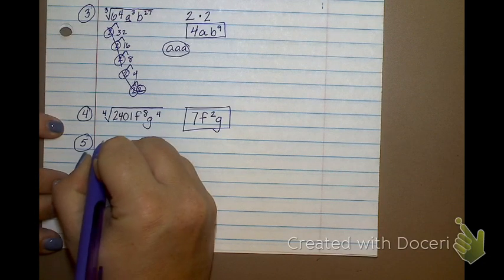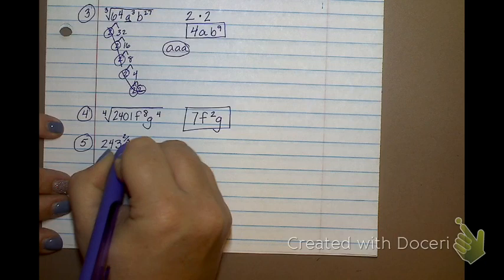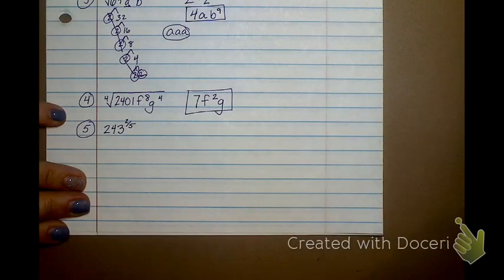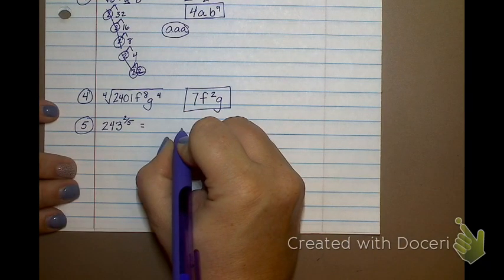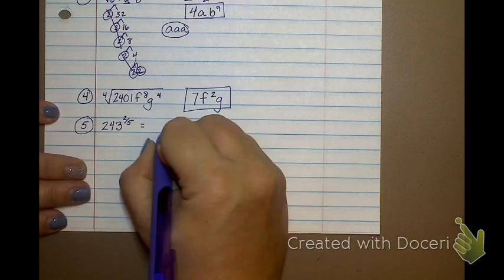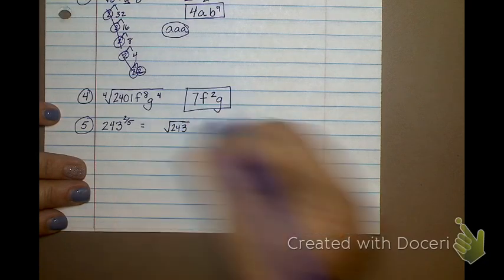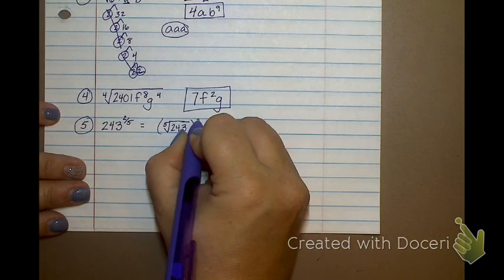Number 5. 243 to the 2/5. Okay. Well, I think that this is going to be easiest if I go to radical form. What would my index be? 5. And my exponent would be 2.